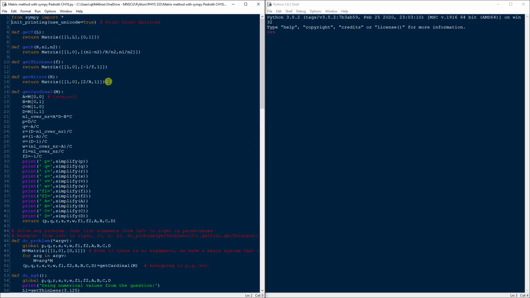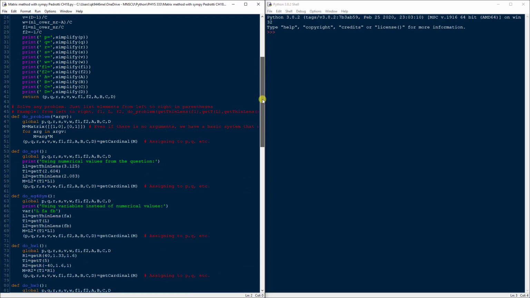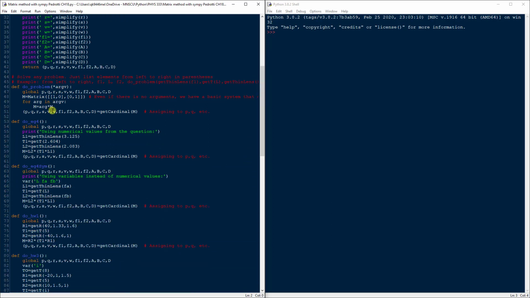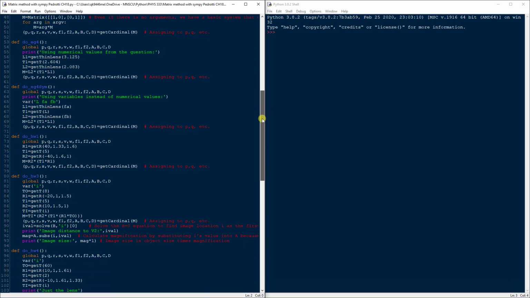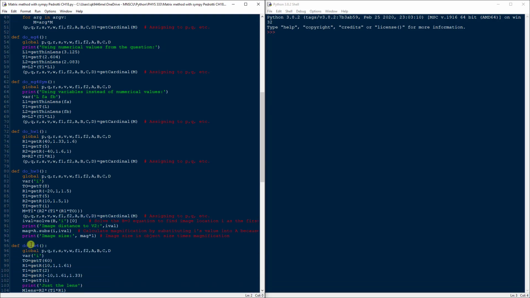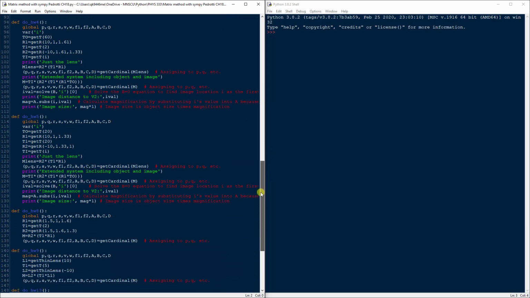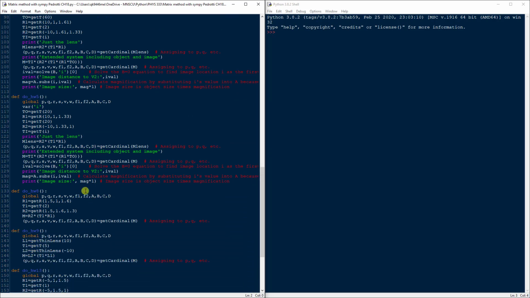This is kind of a service routine, things that we need to get different elements out, and then the rest are just problem solutions. This is a generic problem, don't worry about that, and that's an example problem, and then starting here, question number 1, 3, 4 in order. If you look at question number 8, first I got a refractive matrix like this, and then I get a translation matrix, and I get that.